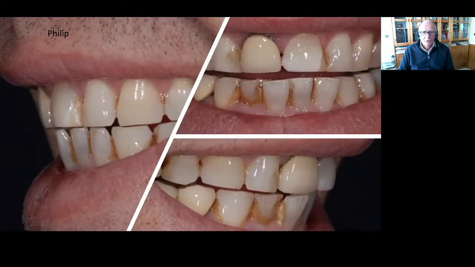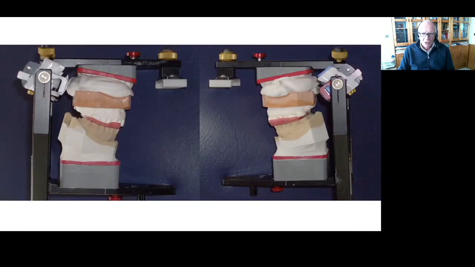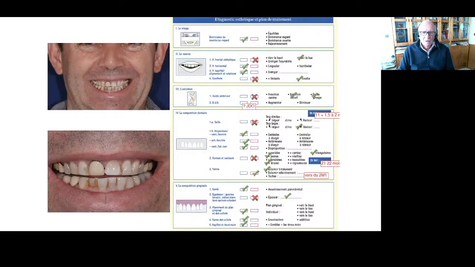For this patient, Philip needs aesthetic restoration. He demands aesthetic restoration. It is a symmetric case. Okay, mounting the cast, and the aesthetic analysis concerning the smile, the rest, the face, and so on. So we can have some information concerning aesthetic morphology.